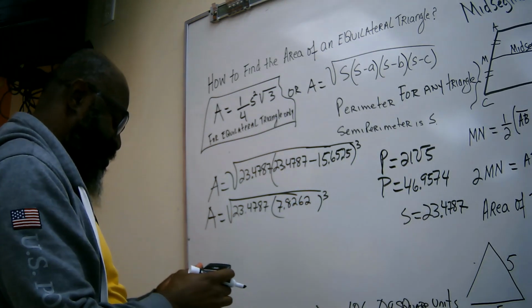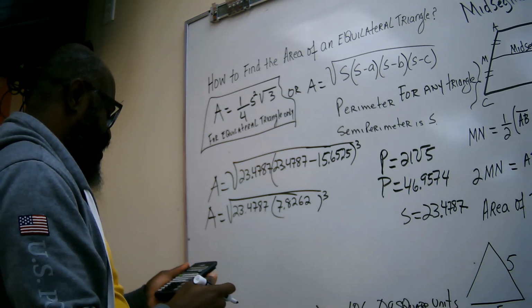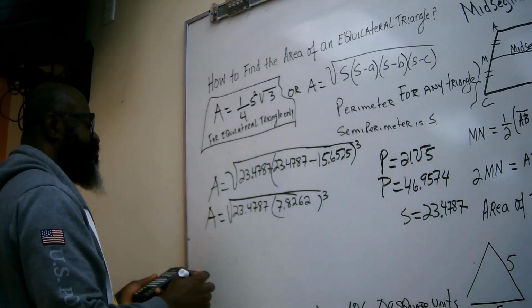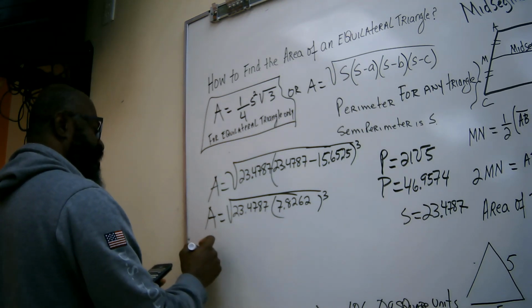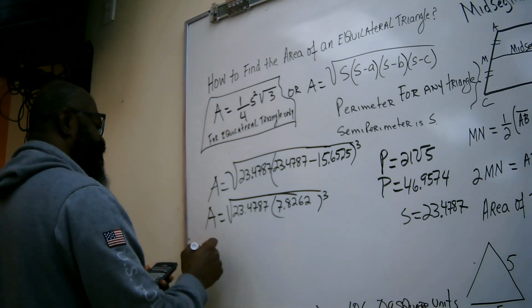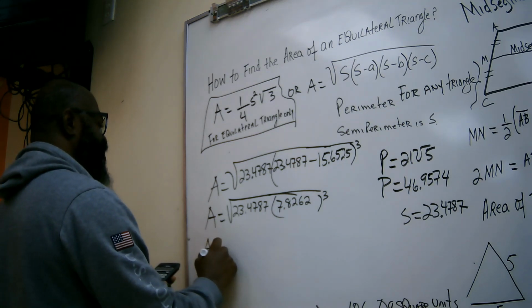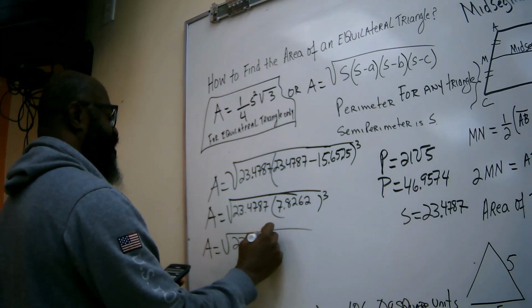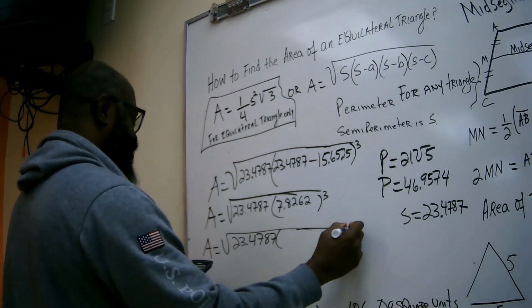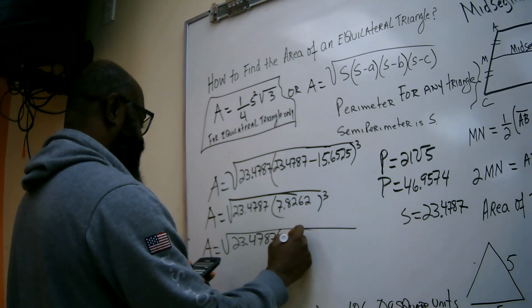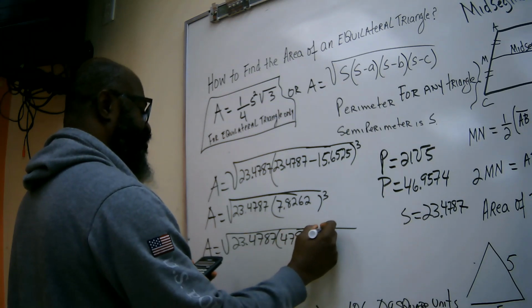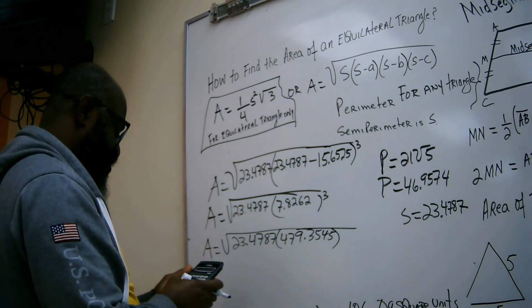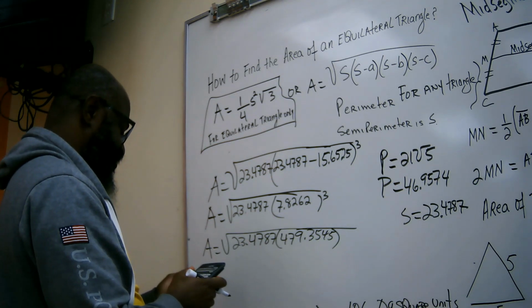We're going to cube that. And we're going to multiply this by 23.4787. Times is 479.3545. Multiply this by 23.4787.